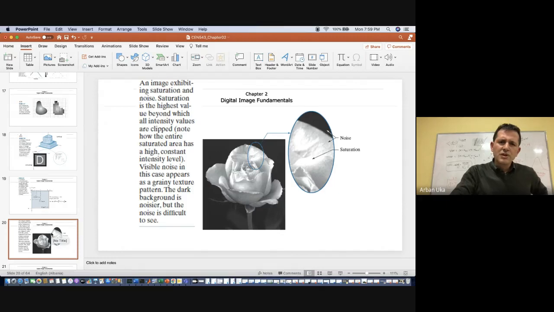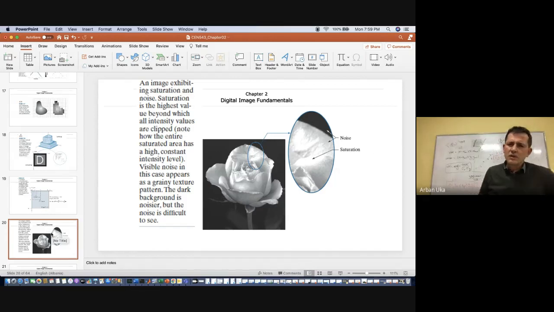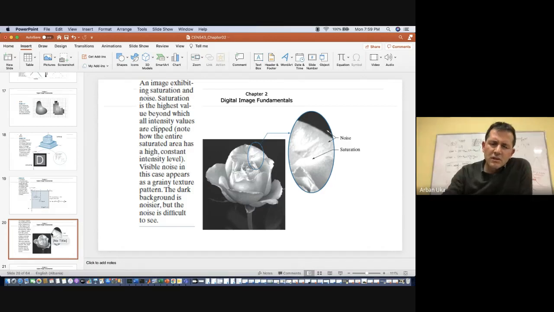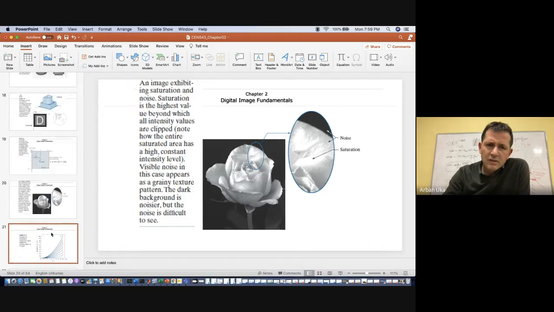Saturation means that if we have a maximum possible intensity that we can acquire, we don't want too many intensity gradients right at the upper boundary, which we can observe, okay? So with saturation the intensity might be changing over there, but at that level we might have saturation so that we will not be able to observe anything.